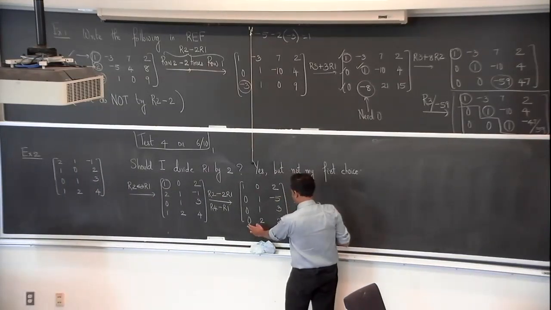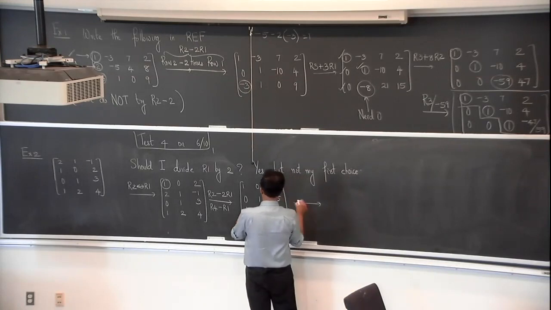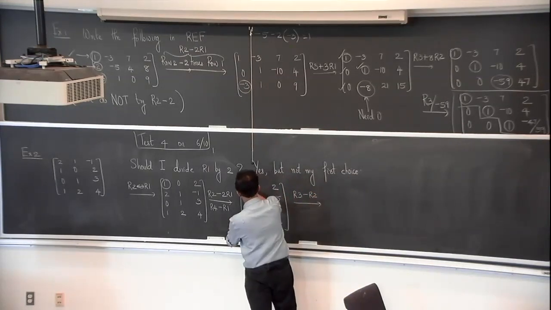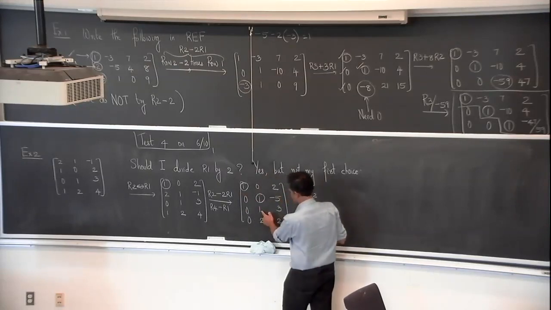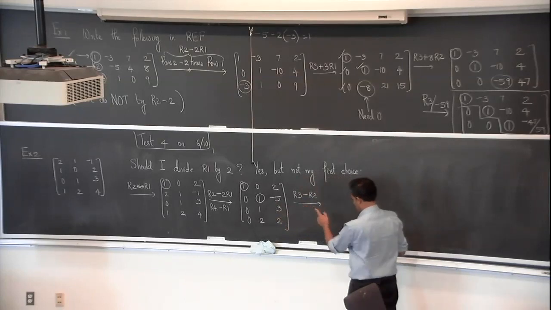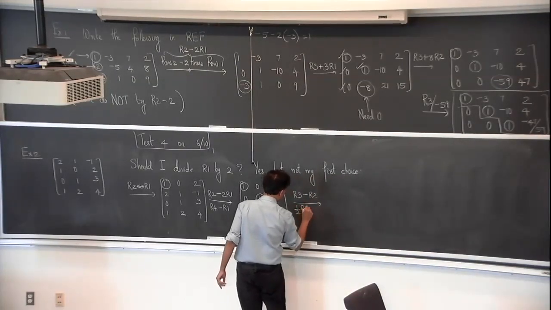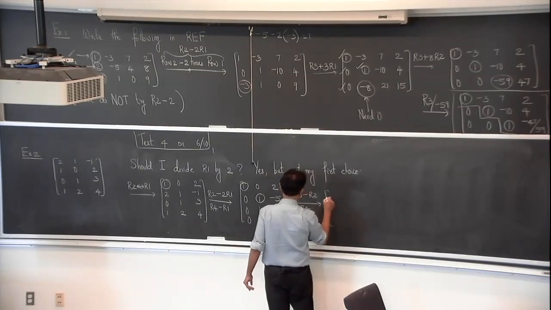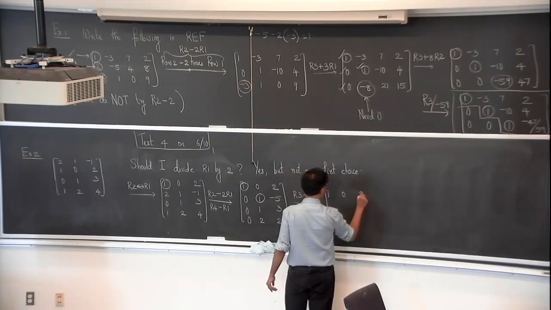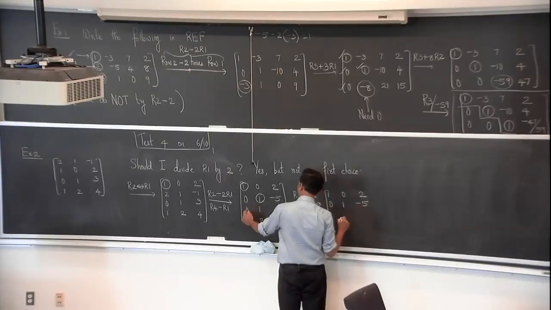Let's start with this one. R3 minus R2, because you have one here, one here. We want to get this guy out of there. So R3 minus R2 to kill that one. And also let's do 1/2 R4. So it's 1, 0, 2, 0, 1, -5.